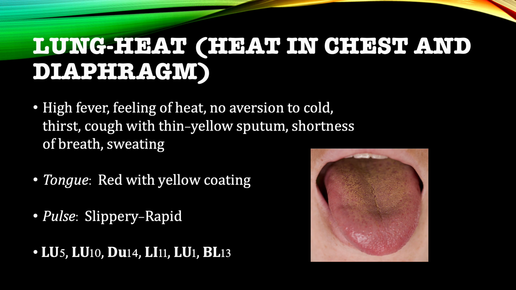Lung heat, or heat in the chest and diaphragm: high fever, feeling of heat, no aversion to cold, thirst, cough with thin yellow sputum, shortness of breath, sweating. Tongue red with yellow coating. Pulse slippery, rapid. Points: lung 5, lung 10, DU14, Li11, lung 1, bladder 13.